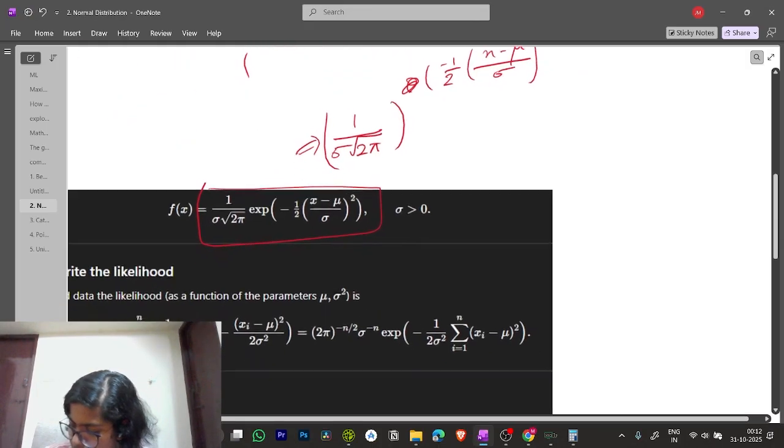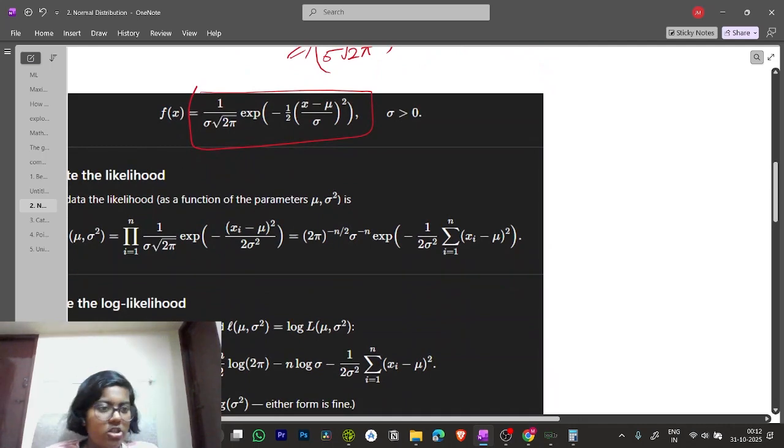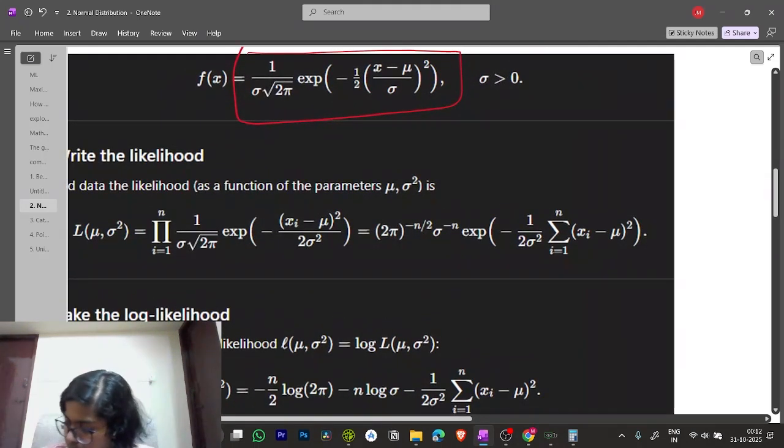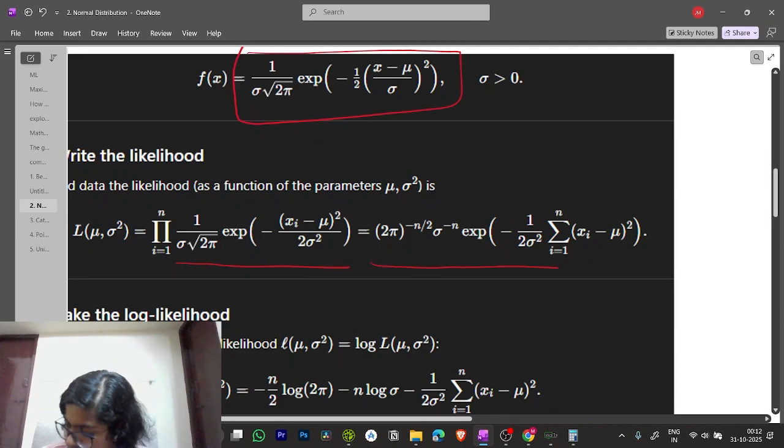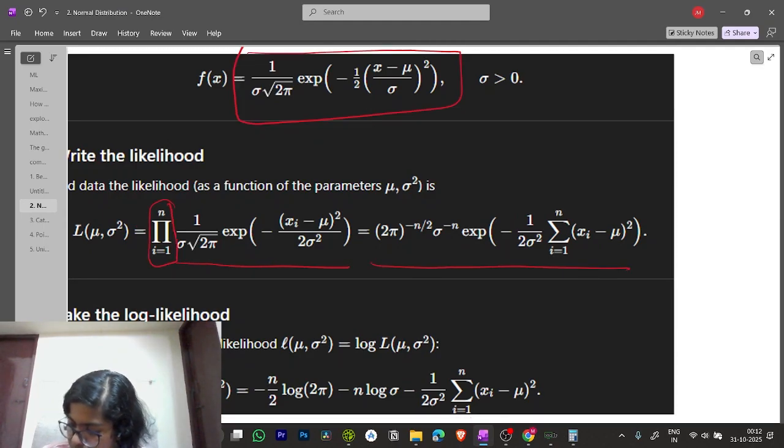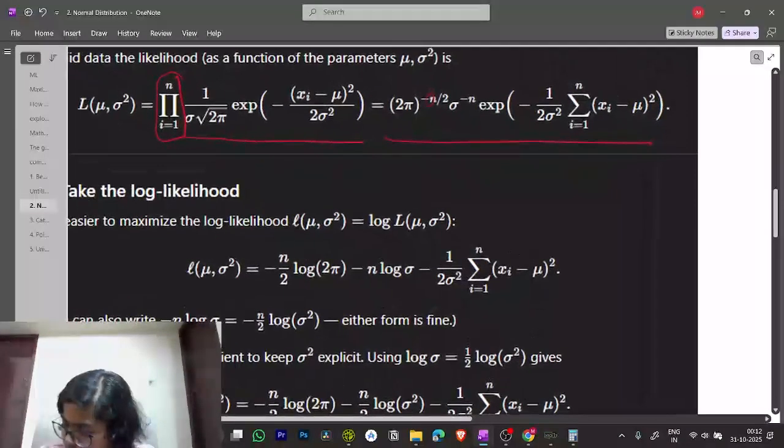For a normal distribution, this is the likelihood, and we write it like this by removing the multiplying factor, and we put the n value on top. Now we are going to take log on both sides.